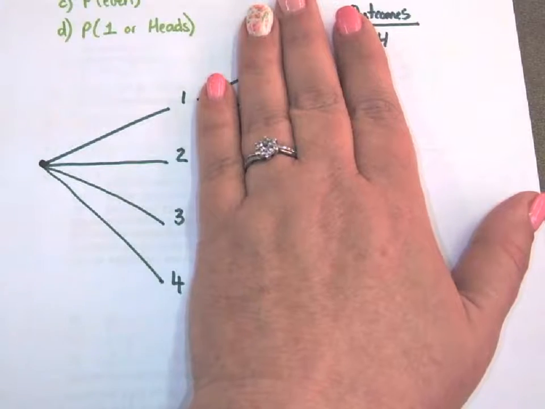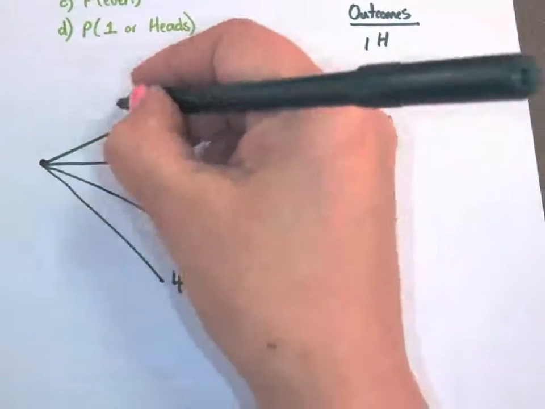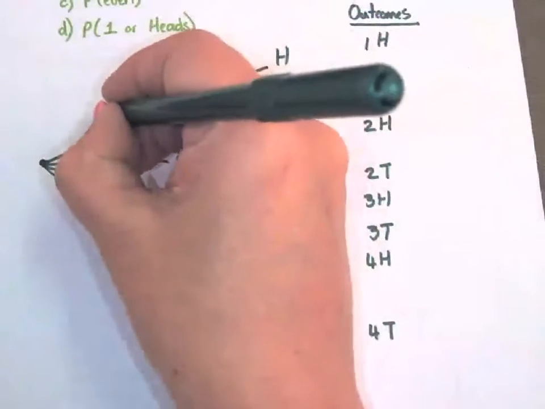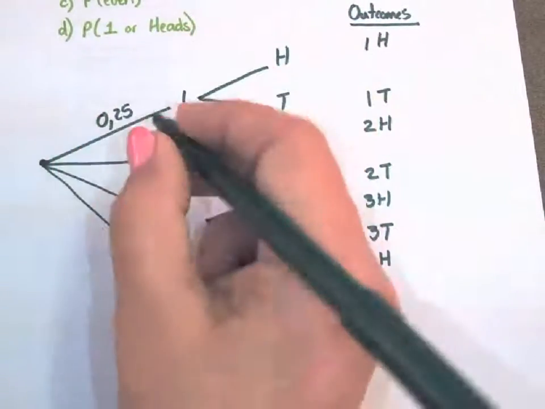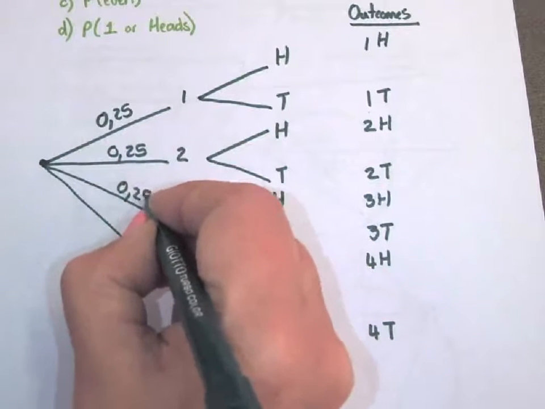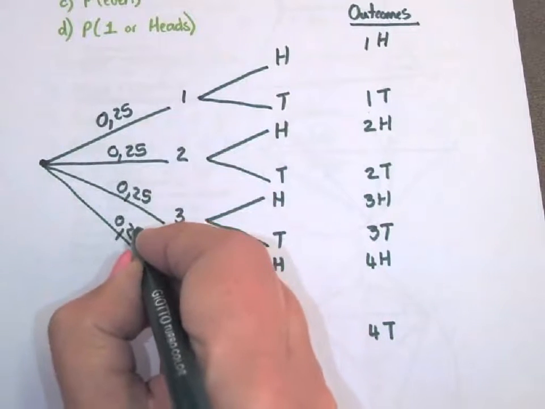And let's do this example with decimal numbers. So this will be 1 quarter, 1 quarter, 1 quarter, 1 quarter. And that means it's 0,25, 0,25, 0,25, and 0,25.